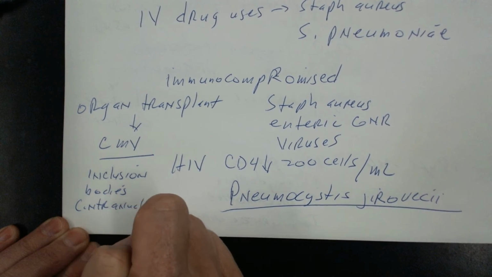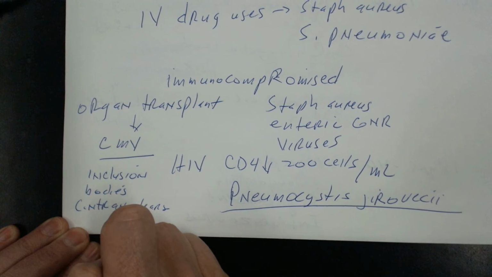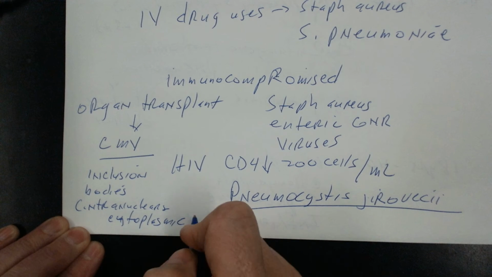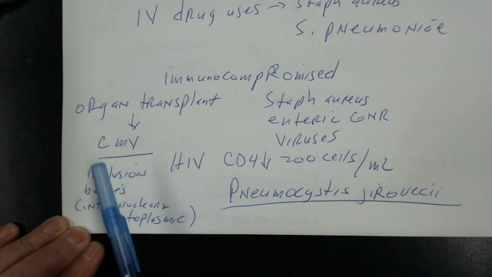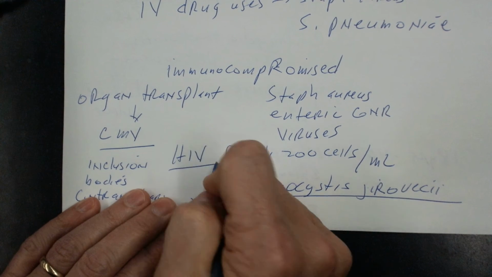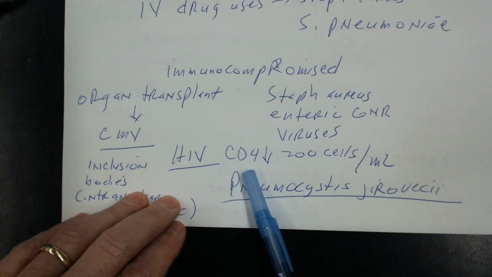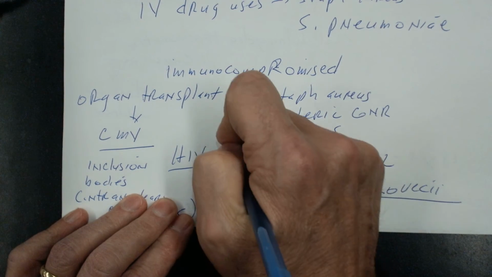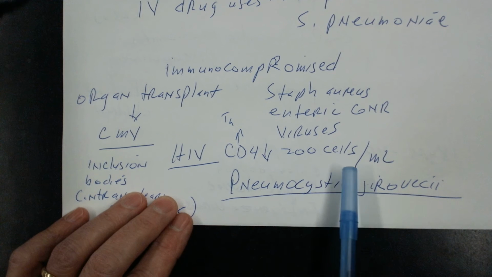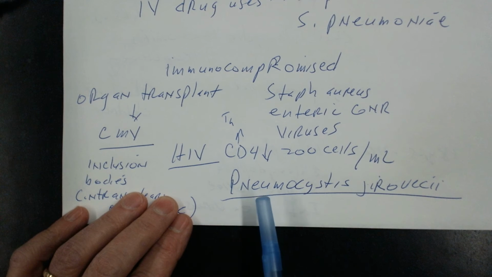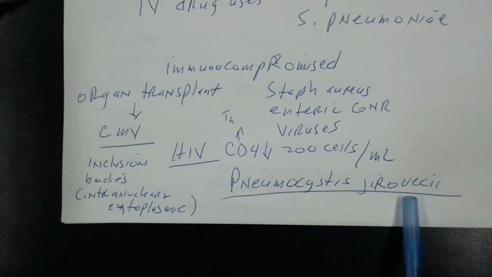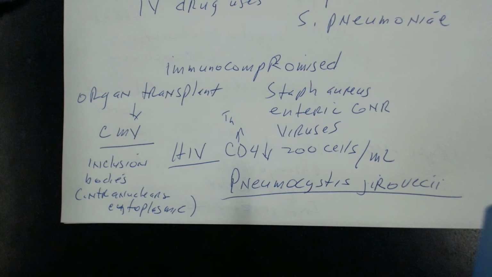You see that, it's cytomegalovirus. And then in patients with HIV, if their CD4 cells, remember, these are your T helper cells, go below 200 cells per milliliter of blood, then their pneumonia is usually caused by Pneumocystis jirovecii, and that's Pneumocystis pneumonia.